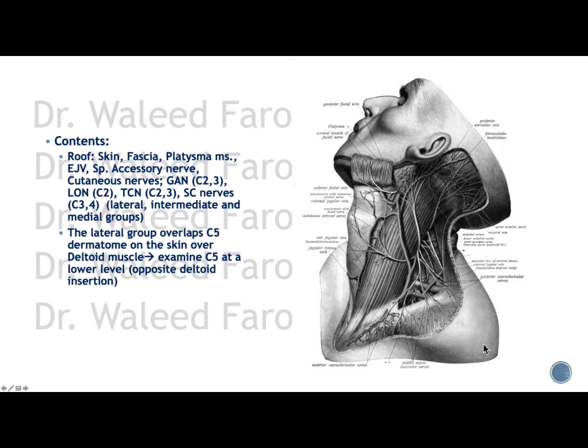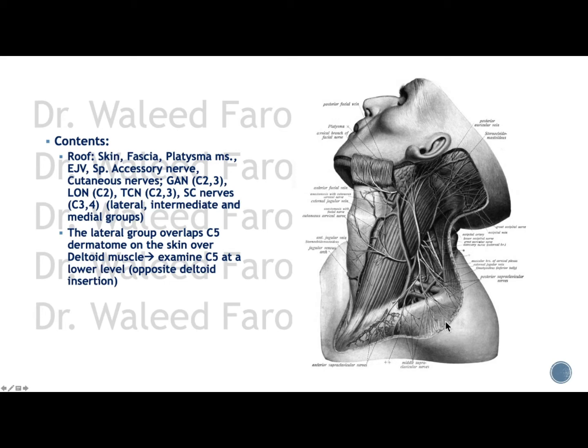Now, if there's a condition where you want to examine C5, for example, that is over the upper arm and skin of the shoulder as well, you don't go high up. If you go high up to examine C5, you will get false positives. Means the patient, when you prick it with a needle there, will tell you that he sensed the needle.